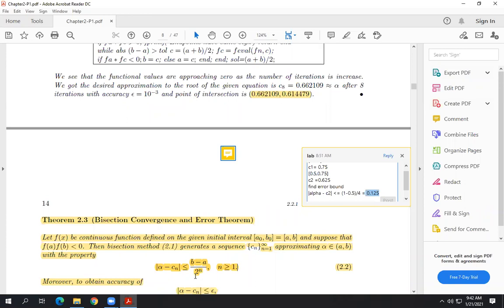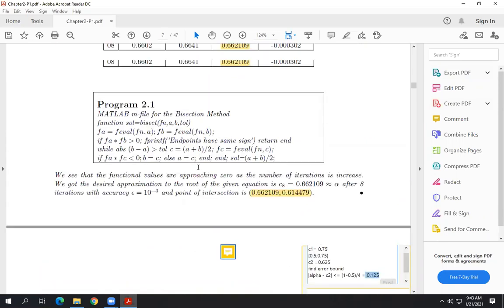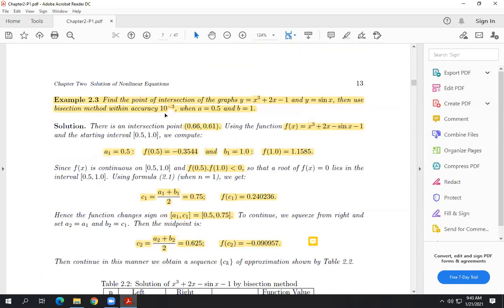And also remember that one. Sometimes in the exam, the teacher also asks you one more thing. He says find the value of n with the given accuracy. Many times this question also comes. For example, this same example I solved here, 10 to the power minus 3, right? Now, let's say my question is, if I want to find the accuracy 10 to the power minus 3, how many times do I have to use the formula?